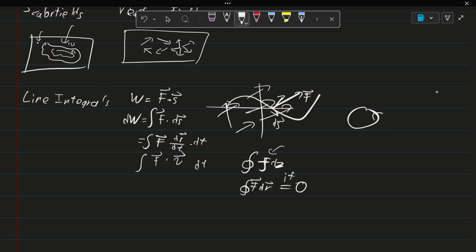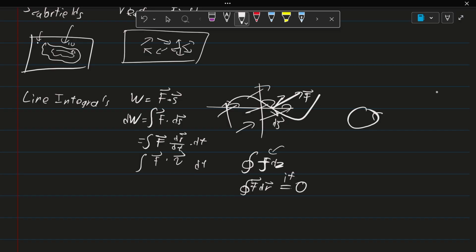You could extend this idea to line integrals and state that certain force fields are conservative as long as the F dot dr is 0 for any closed path, meaning that it only depends on your endpoints, not on the path that you're taking. Sorry, my bad. So this type of contour integral, my bad.